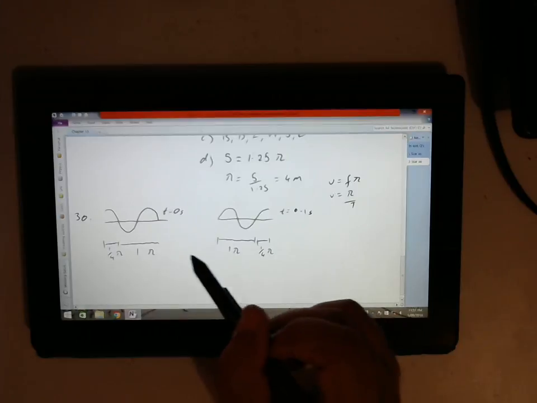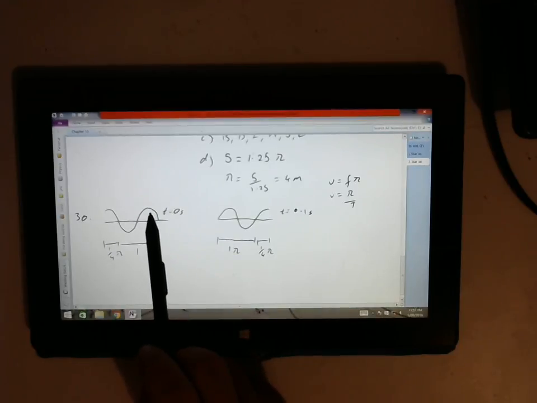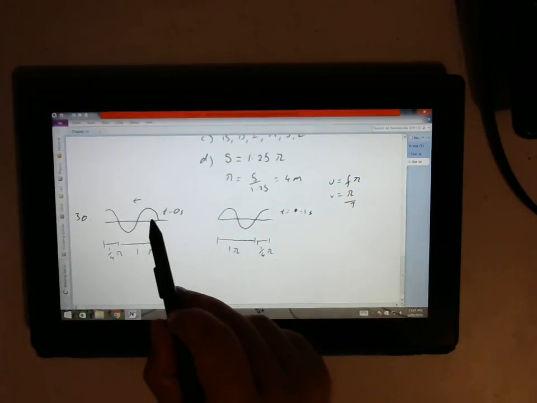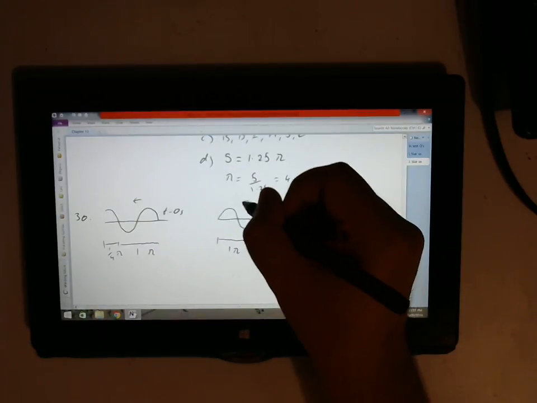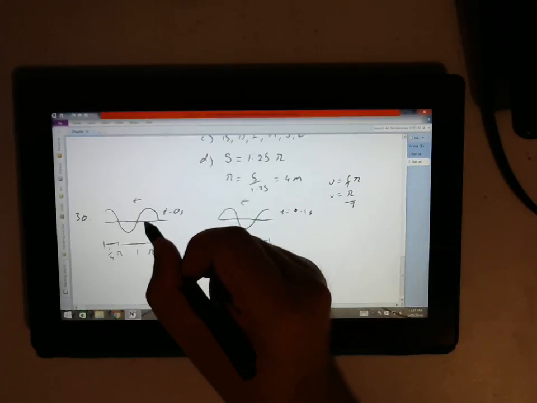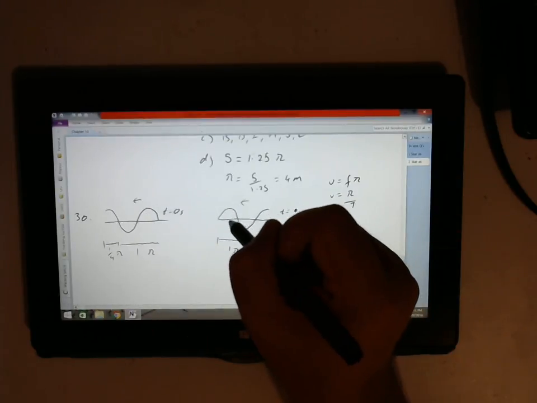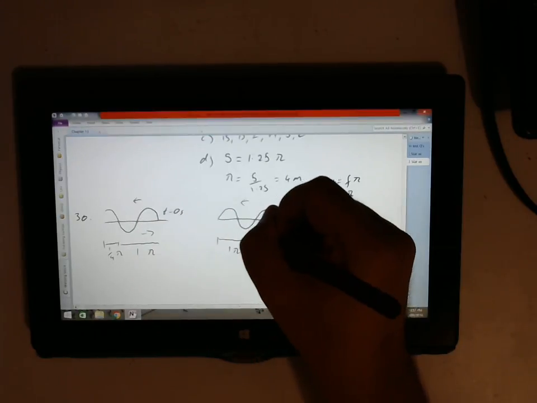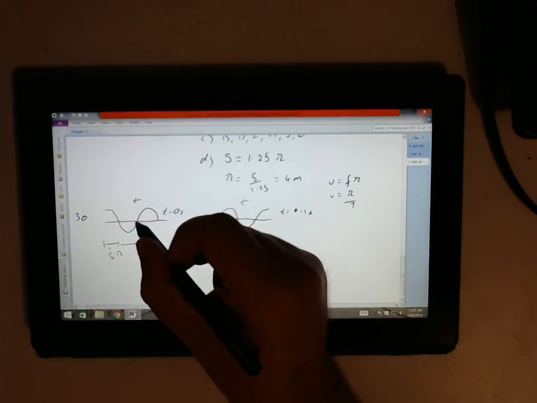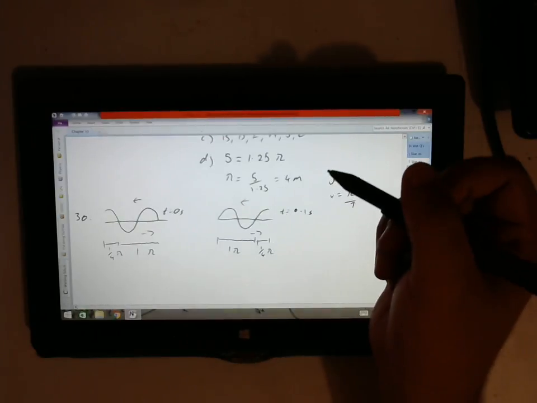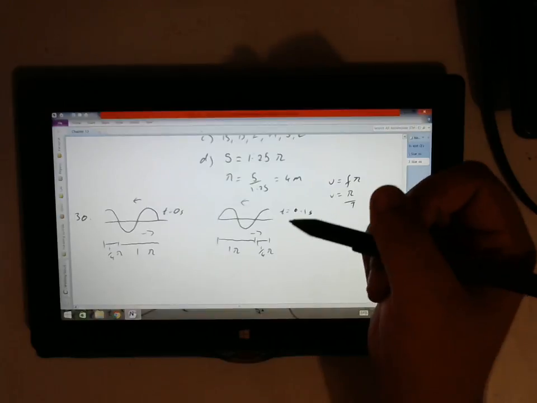If I go from this side to the left, in the 0.1 seconds it goes that direction, because this bit here would have to get to this point here. Well, that's a lot further than if we went the other way. Here we'd only have this point here going to this point here. It's only moving a quarter of a wavelength there. So it's a lot shorter.